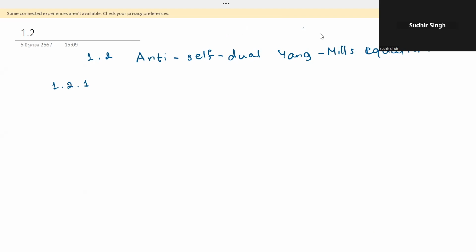There is a duality, and the duality is with respect to the Hodge star operator. So the definition.